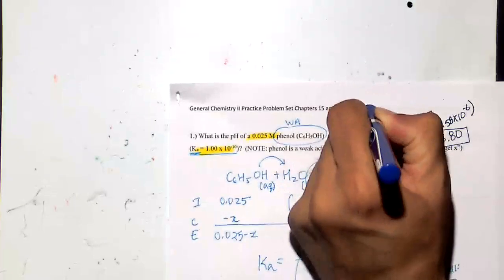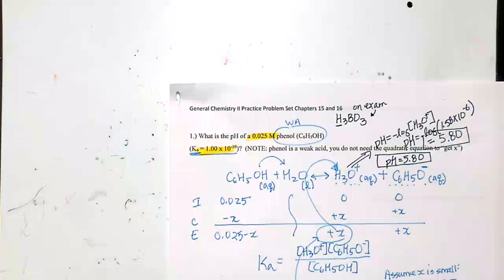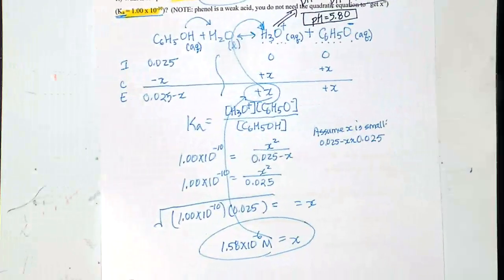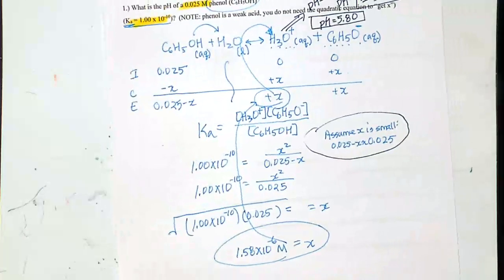So you do the exact same thing. Are there any questions on this? Make sure you know how to do that, and you can use the low ionization assumption, that is, assuming x is small.